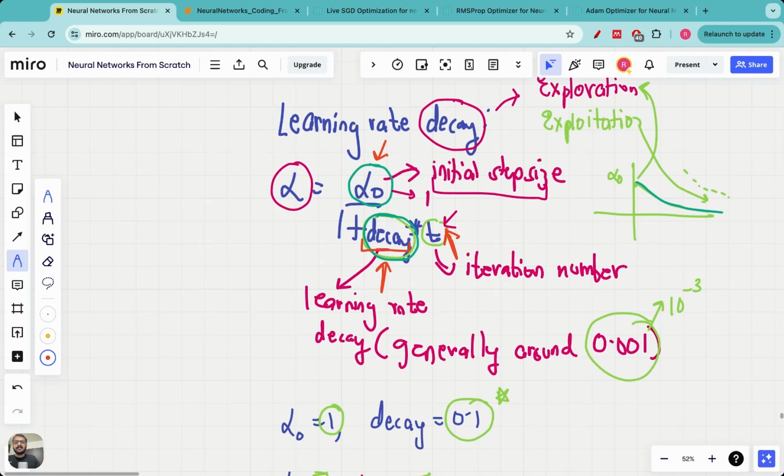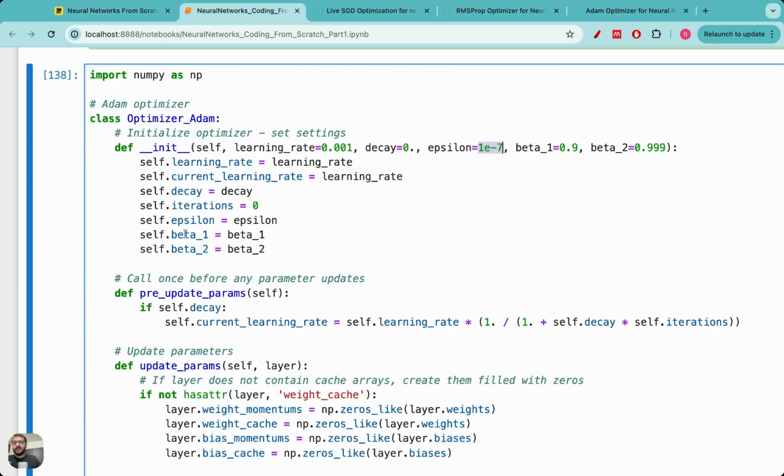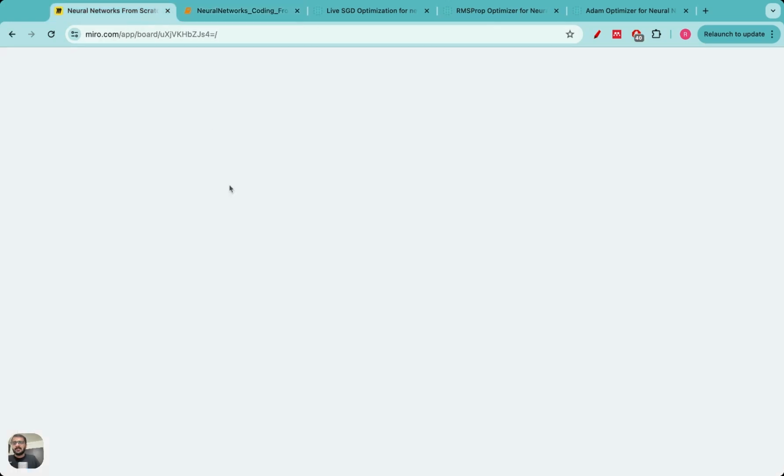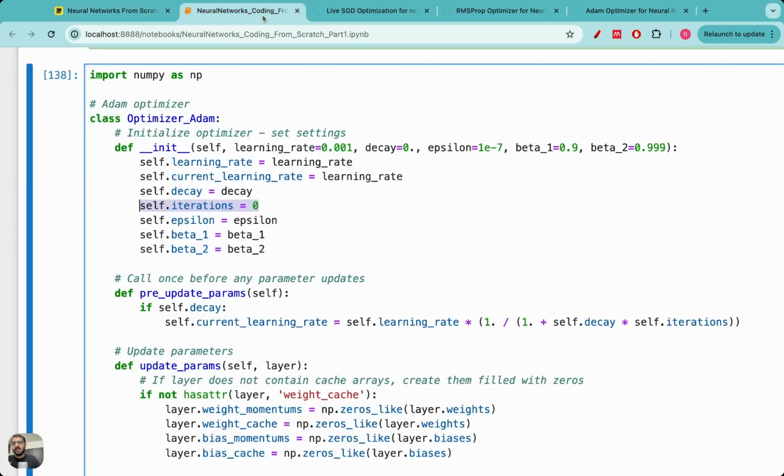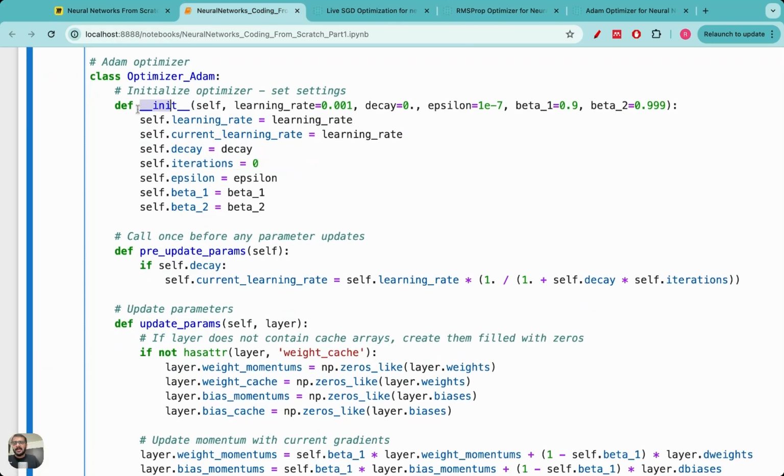First is the initial learning rate, which is by default set to 0.01. Second is the decay rate, which is by default set to 0. And third, we also need to keep track of the number of iterations, because as you can see here, the learning rate also depends on the number of iterations, which is mentioned by t over here. That's the iteration number. All of this we are keeping track of in the init method.